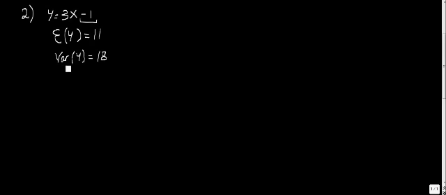Then we're told to hence find the expected value of y squared. A little formula that you can look up, or you might know, is that the expected value of y squared is equal to the variance of y plus the expected value of y, squared.